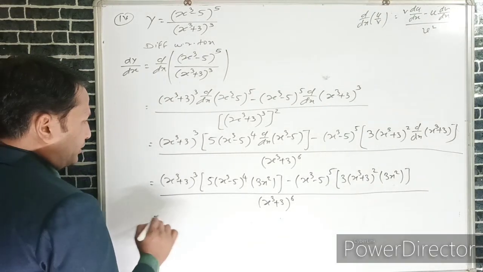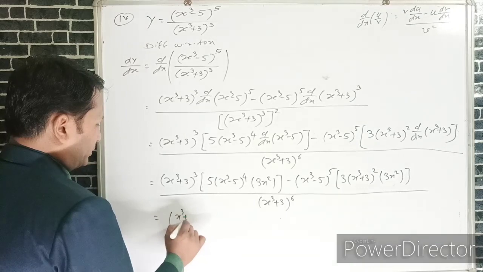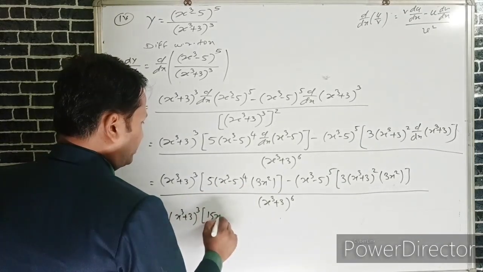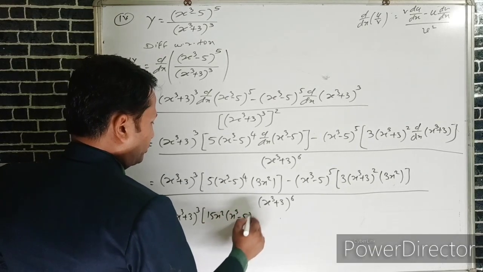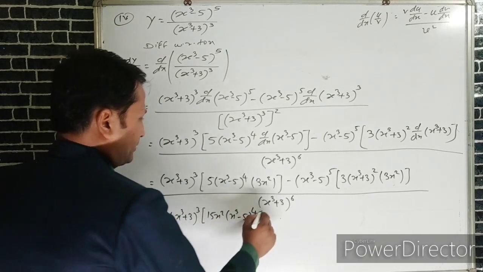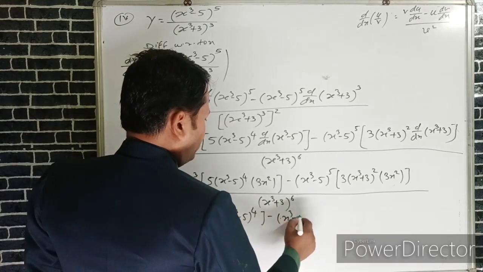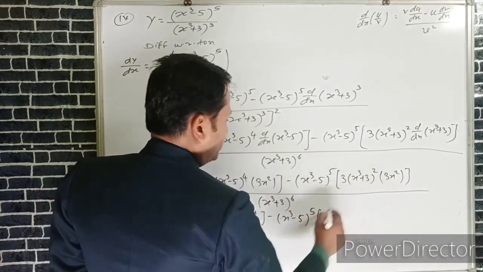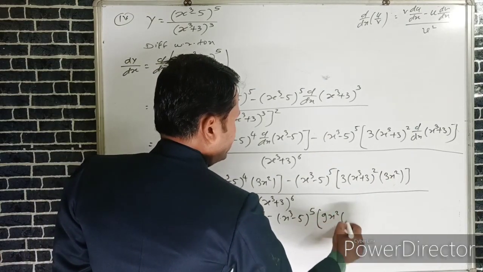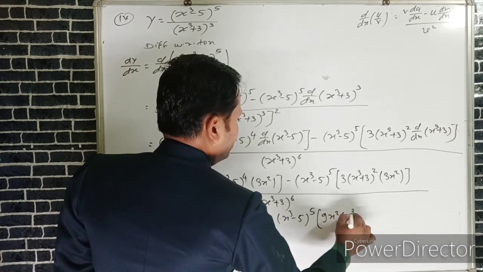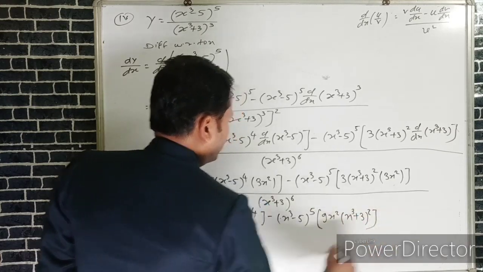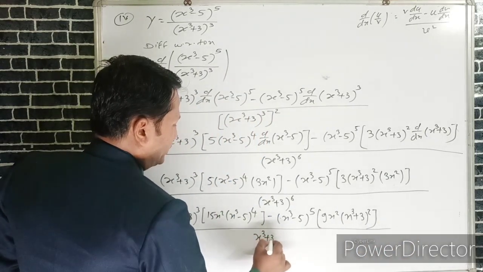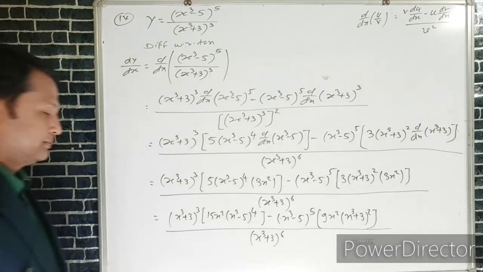After that, we can write (x cube plus 3) bracket cube into 5 into 3, 15x square, (x cube minus 5) whole raised to the power 4, minus (x cube minus 5) whole raised to the power 5 as it is into 3 into 3, 9x square into (x cube plus 3) whole raised to the power 2, upon (x cube plus 3) whole raised to the power 6.